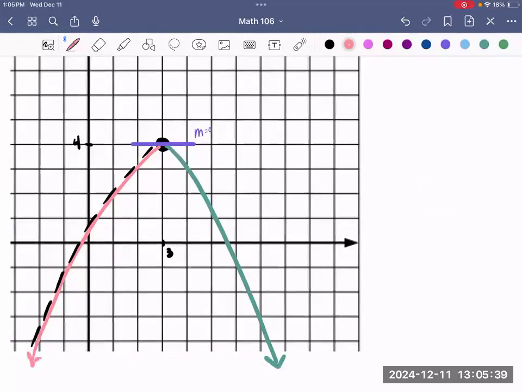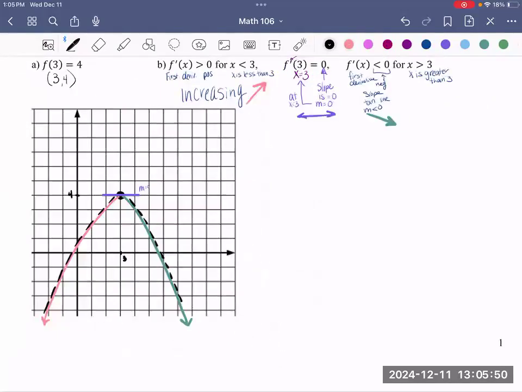And I like to use arrows to suggest that we've gone a certain direction. And notice that if we made a series of little tangent lines, those are now all negative, versus tangent line positive. And this is how you can graph based on the information given.